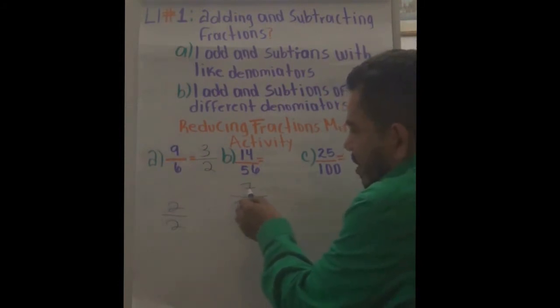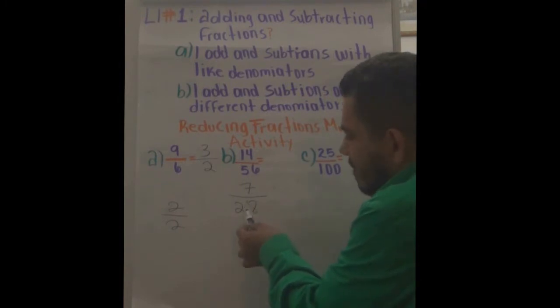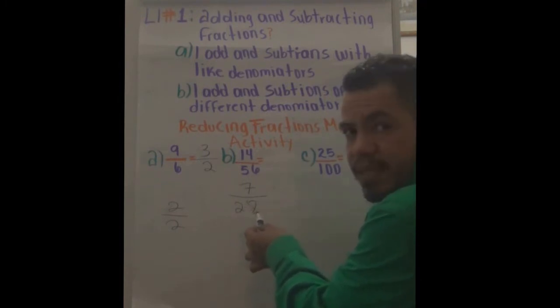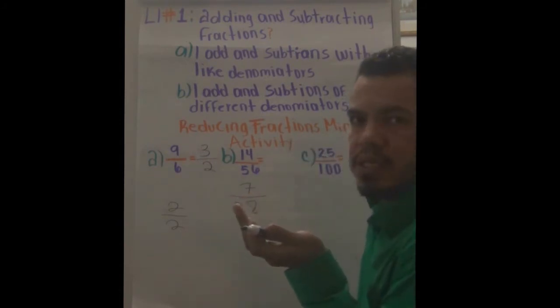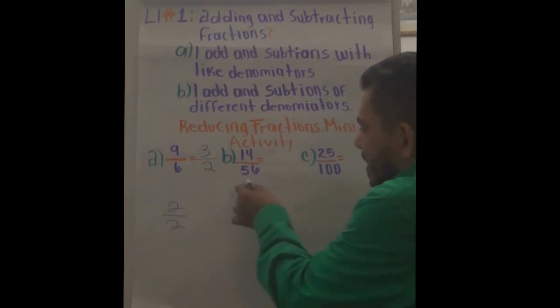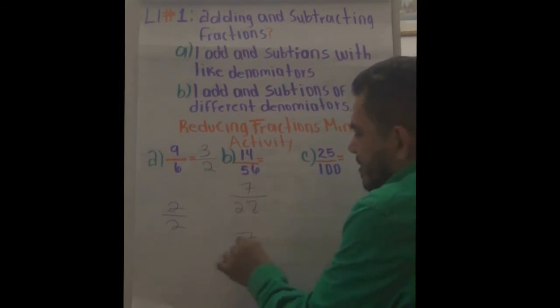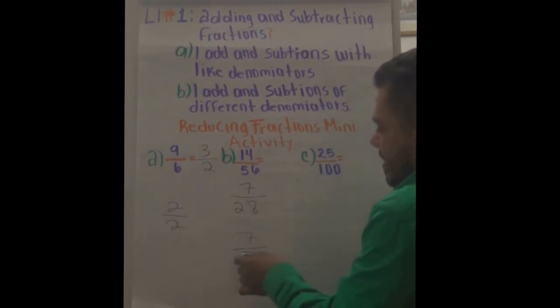This is a prime number, so it can only be divided by 7. So then, I look at the bottom and I say, can 28 be divided by 7? 7 times 4 is 28. Oh my God, yes, it can be divided by 7. So then, when I divide, look, I'm dividing by a fancy version of 1, 7/7. 7 divided by 7 is 1.